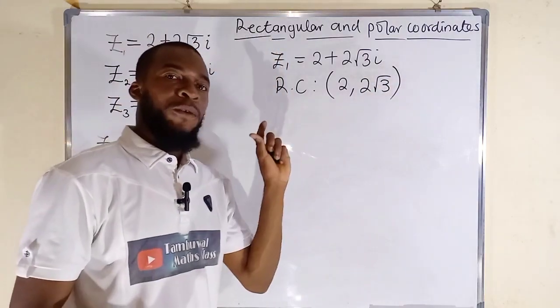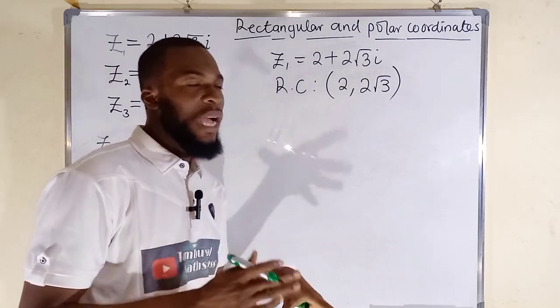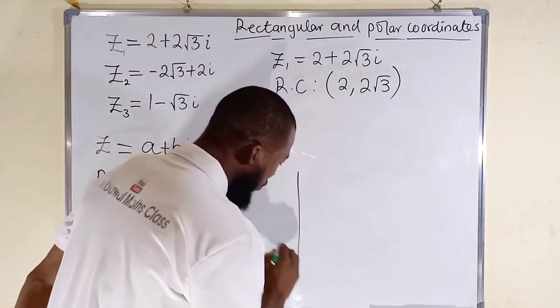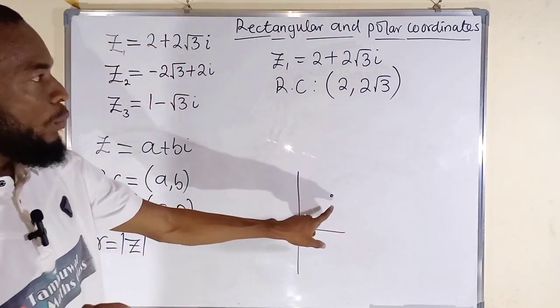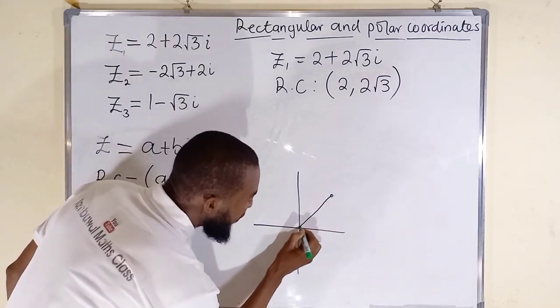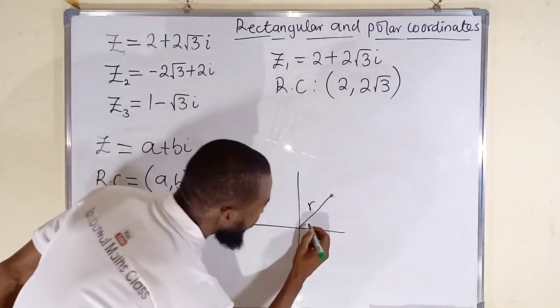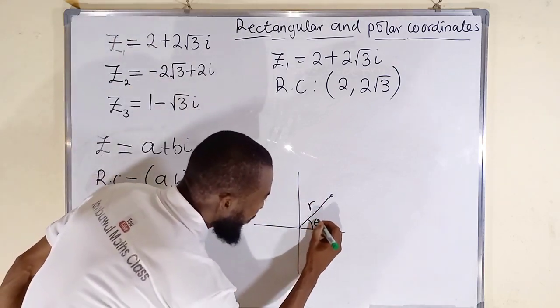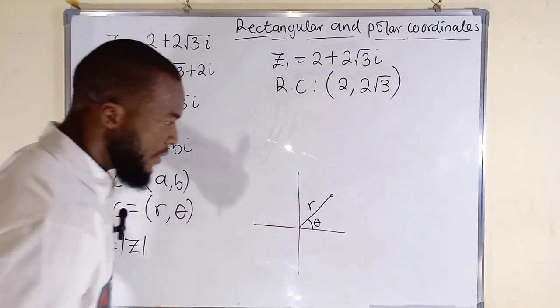But for the polar coordinate, you have to calculate the distance and also the angle subtended. So assuming this is our complex number here, which is 2 plus 2 root 3 i, we are looking for the distance from the origin, that is r, and also this angle right here, theta.